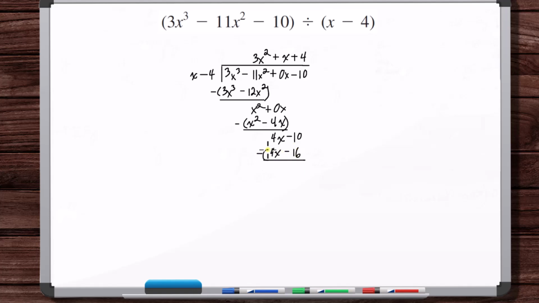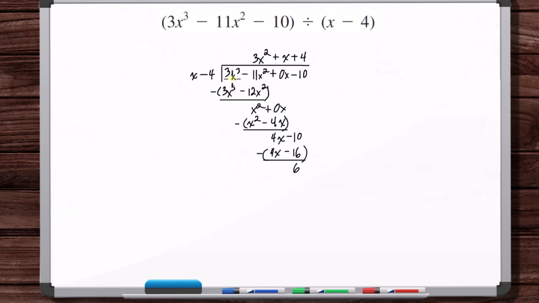Subtract these two. 4x minus 4x is 0. Minus 10 plus 16 is 6. And so this is 6 times x to the 0. Its order is less than the order of the divisor. So now we're done.